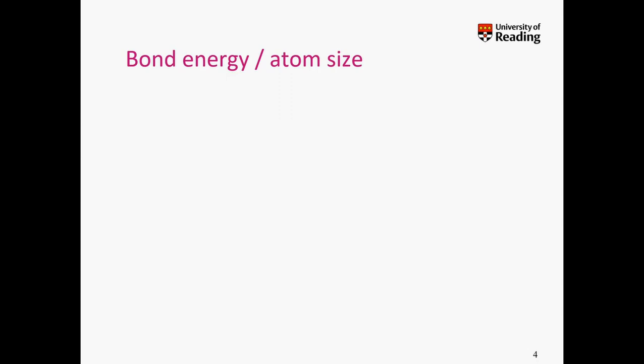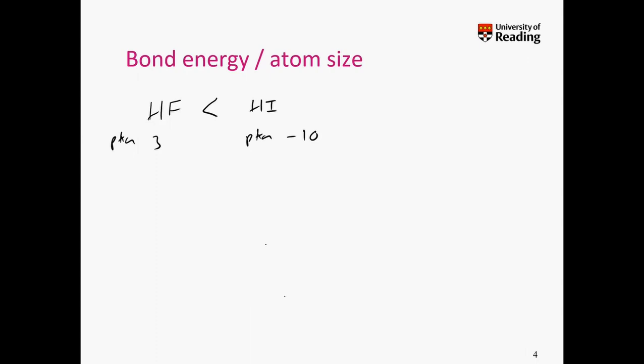When we're thinking of atom size, if we go back to our hydrogen attached to a halogen, so if we took something like HF, and look at the pKa values, HF has a pKa value of approximately 3, and HI, so iodine rather than fluorine, has a pKa value of minus 10. So what that tells us is that HI is a much stronger acid than HF. So why would that be?